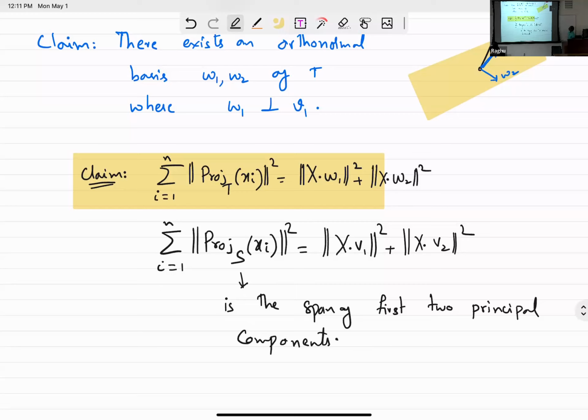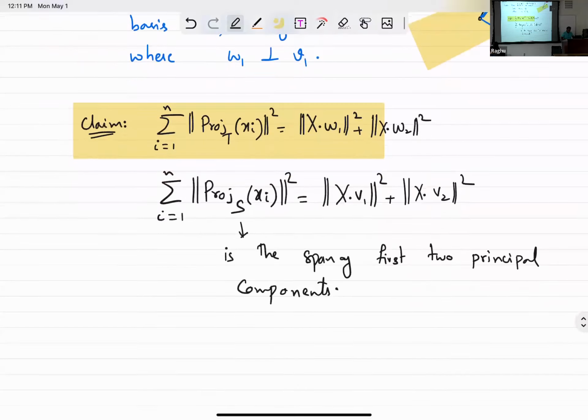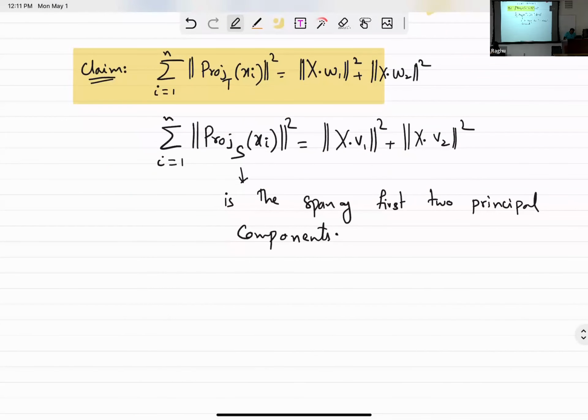Okay, now we are good because we can actually compare these two things term by term, right? By definition of the first principal component, the length of Xw1 should be less than or equal to the length of Xv1, right? It was the vector which had the maximum length of Xv among all unit vectors. And by the definition of v2, Xw2 should be at most Xv2, right?